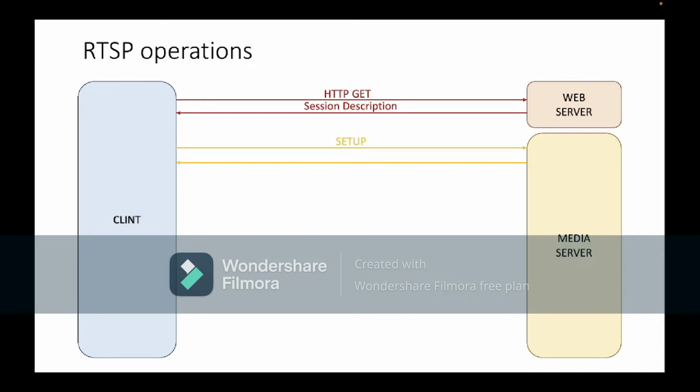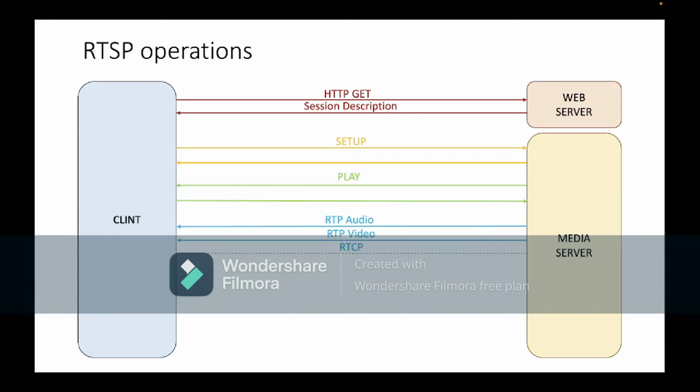From there, the client sends a setup request, and the server responds with information about the transport mechanism. Once the setup process is complete, the client initiates the streaming process by telling the server to send the bit stream, which is a binary sequence, using the transport mechanism specified in the setup request.